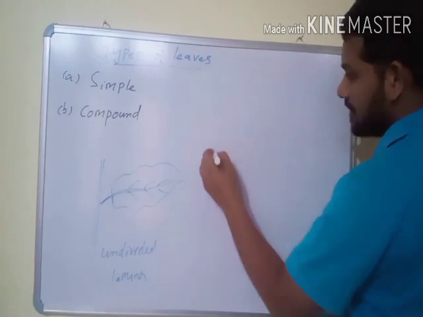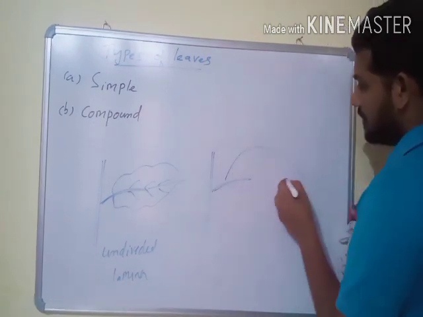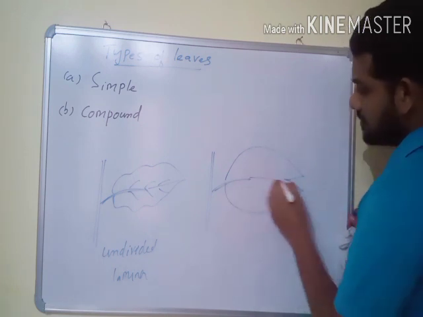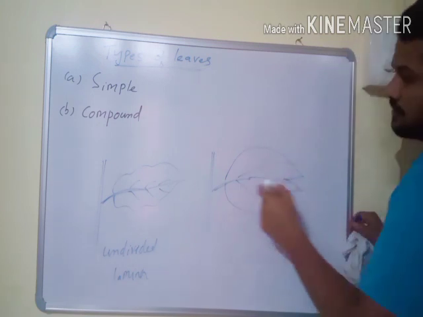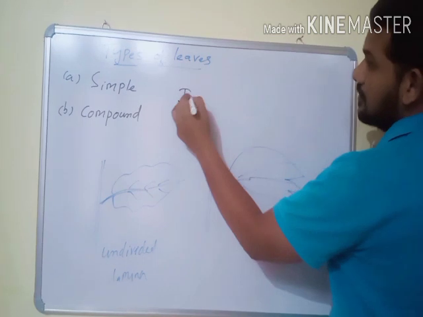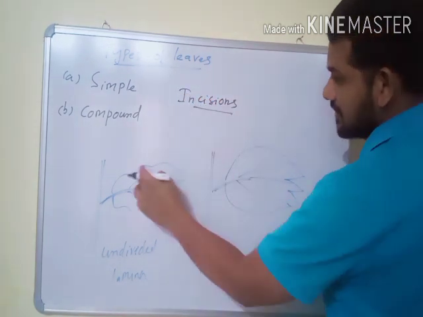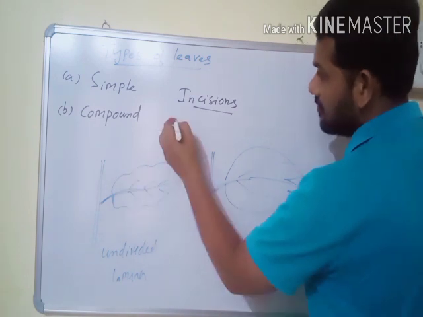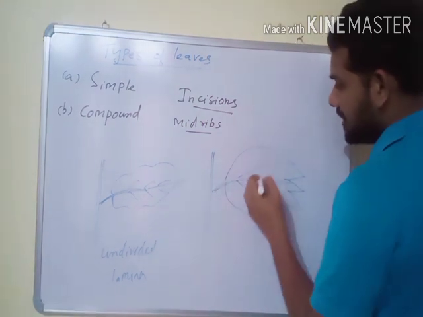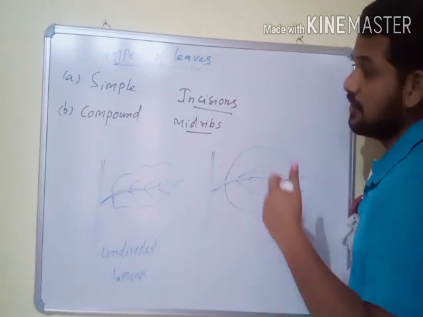In some cases, the lamina is divided to form lobes, and such leaves are also called simple leaves. In this type, the incisions, meaning cuttings, do not reach the midrib. If incisions reach the midrib, then the lamina is divided to form many leaflets.